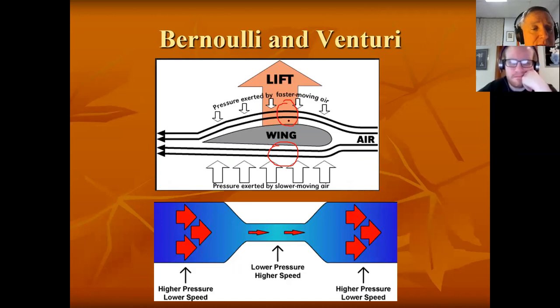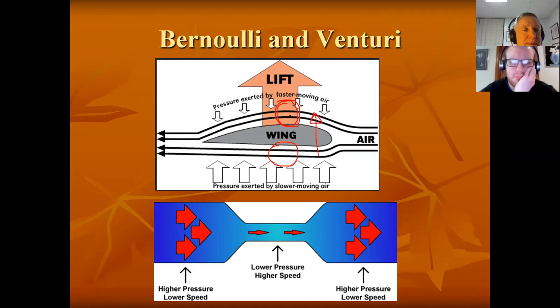And if we look at just above the wing, if this kinetic energy is higher, the potential energy is lower. And potential energy, normally you can think of as pressure in this case. So the pressure is lower. And since the pressure is lower, you have a delta P, change in pressure, going this way.